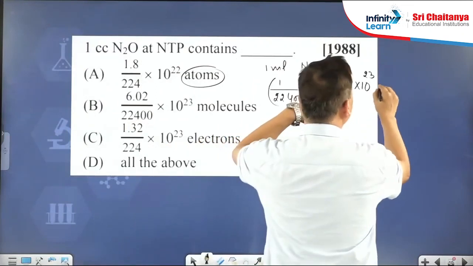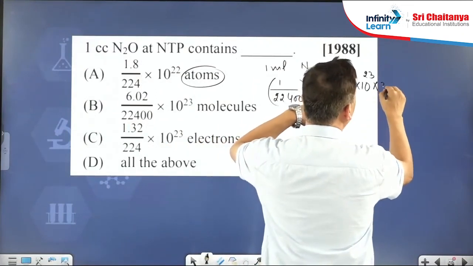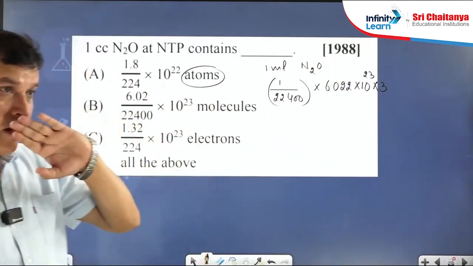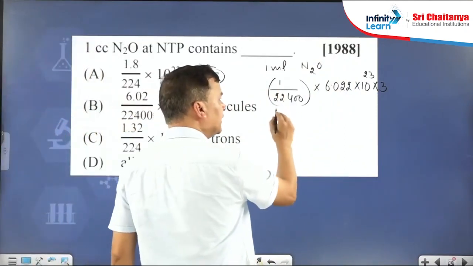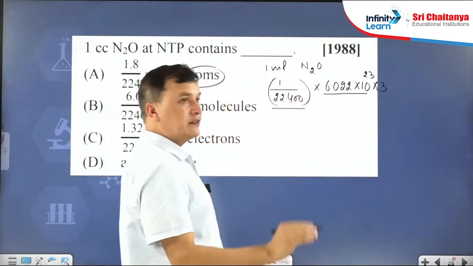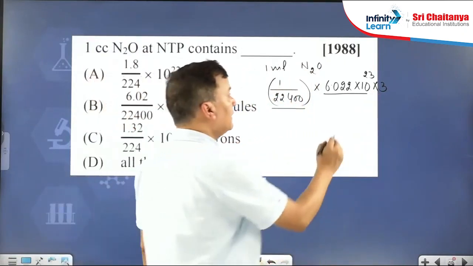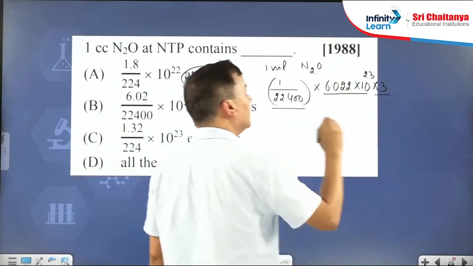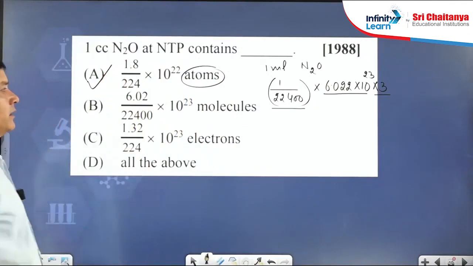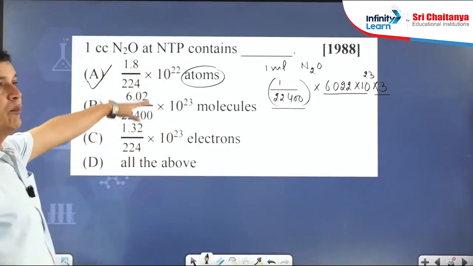We have to change into the number of atoms, multiplied by 3. Now please confirm: these are the number of moles multiplied by Avogadro's number, that is the number of molecules, and then multiplied by 3. These are the number of atoms, and this will be 1.8. You will solve this one, it will come out 1.8 upon 224.